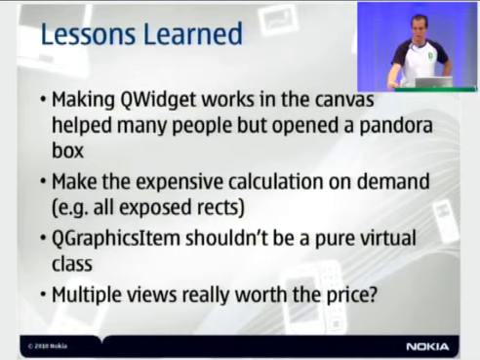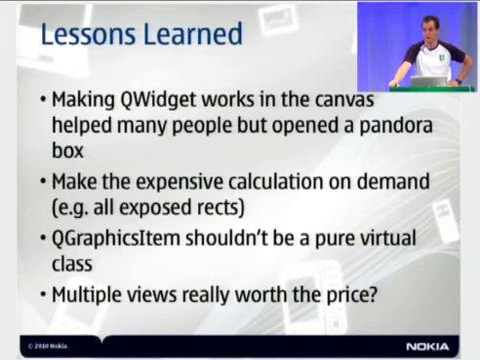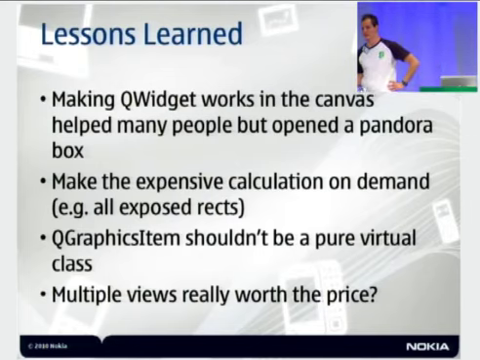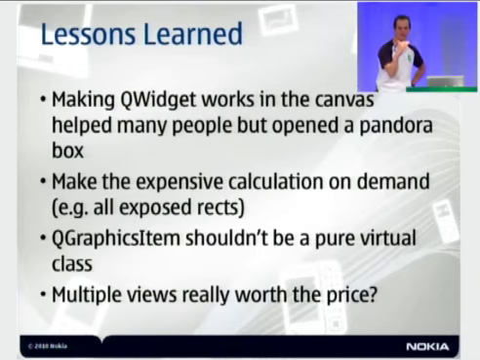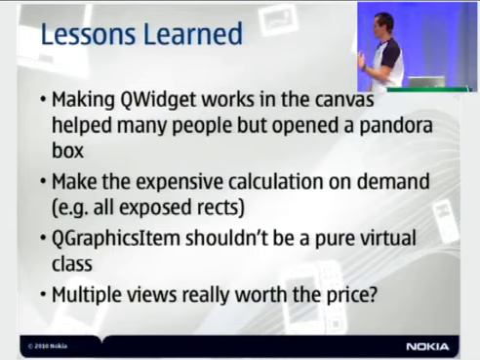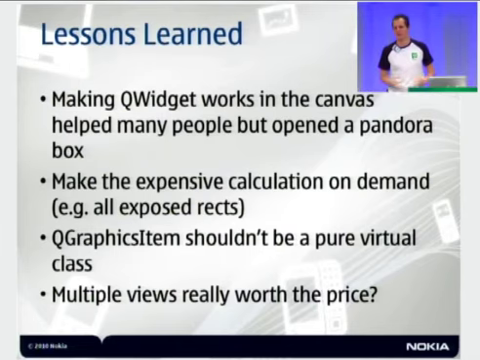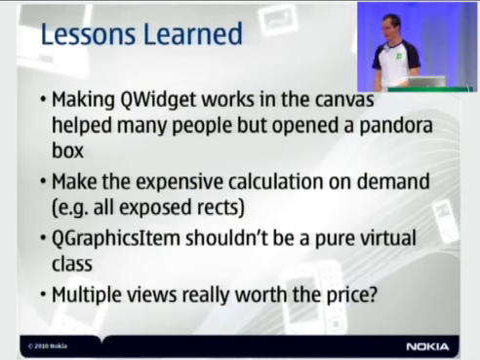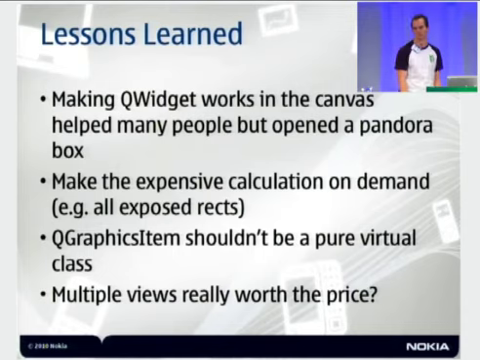So when we know the item is being deleted, it's when we enter the graphics item destructor, but then it's too late to, for instance, get the bounding rect, because of C++, you can't call the virtual method on the graphics item level. So stuff like that, we have to add workarounds, for instance in the index, because we don't know the geometry anymore. So I think in the end it should not have been pure virtual, just a normal geometry of 0, 0, 0, 0, like graphics widget, and a paint that does nothing.